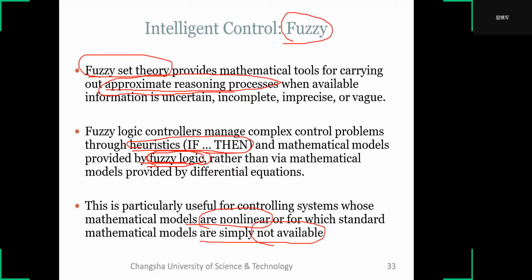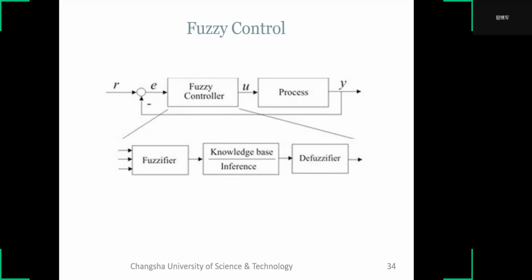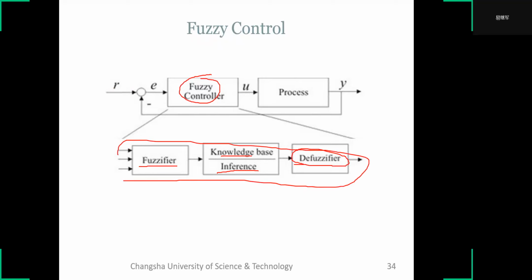Fuzzy control. This is fuzzy control. A fuzzy controller consists of a fuzzifier, a knowledge base, an inference engine, and a defuzzifier. The fuzzifier converts the input to a fuzzy variable.